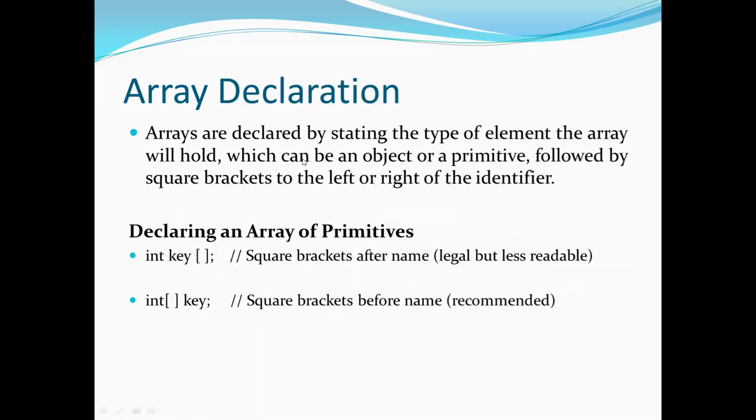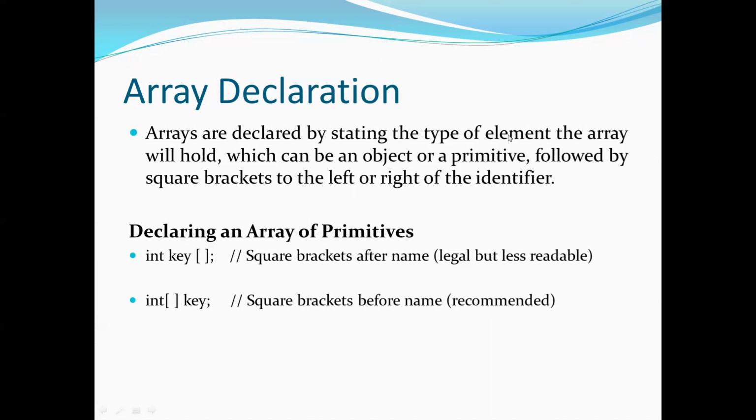Next, generally the syntax for array declaration and creation are two things. Actually, there are two parts to create an array, and we can create an array in one line also. Okay, so arrays are declared by stating the type of the element that the array will hold.